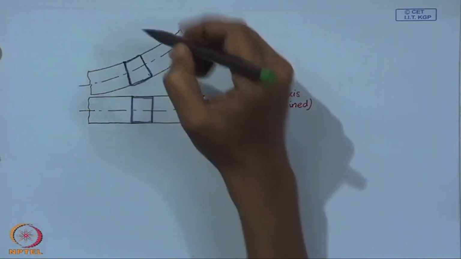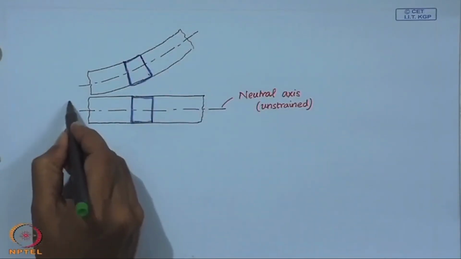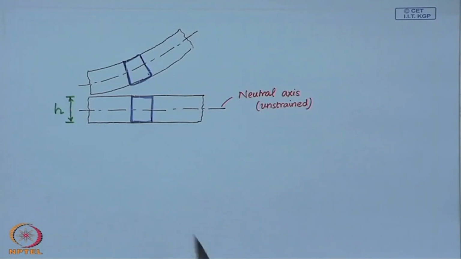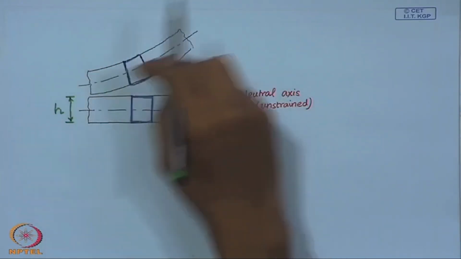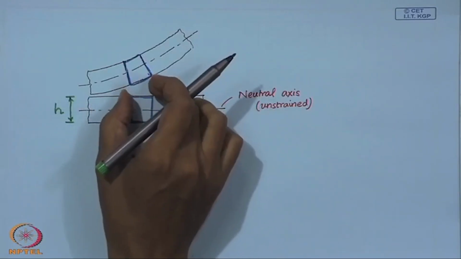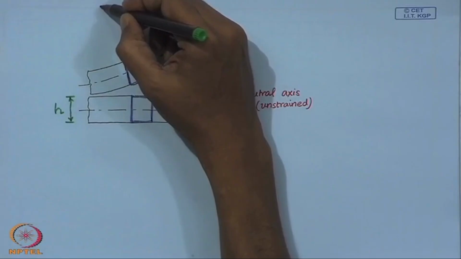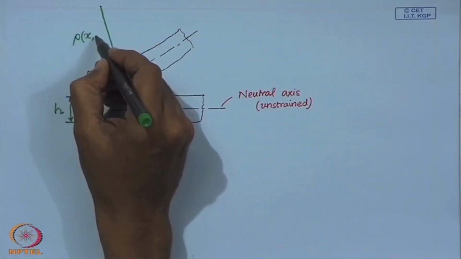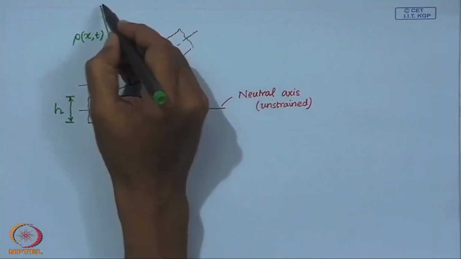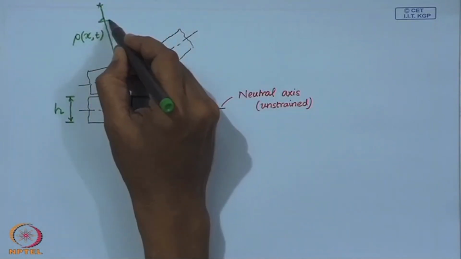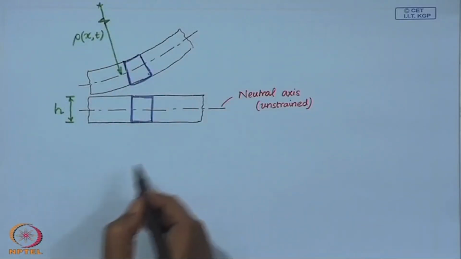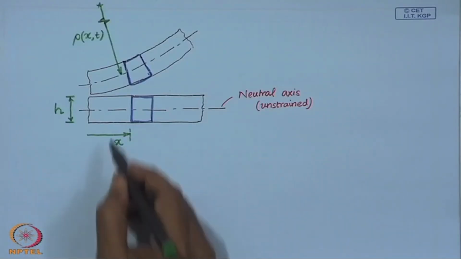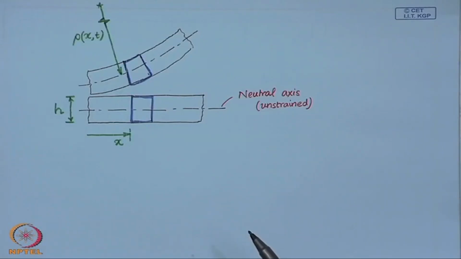Let the depth of this beam, or height of the beam, be denoted by h, and once this beam deforms, let us assume that the radius of curvature at this point at time t is given by rho of x and t.